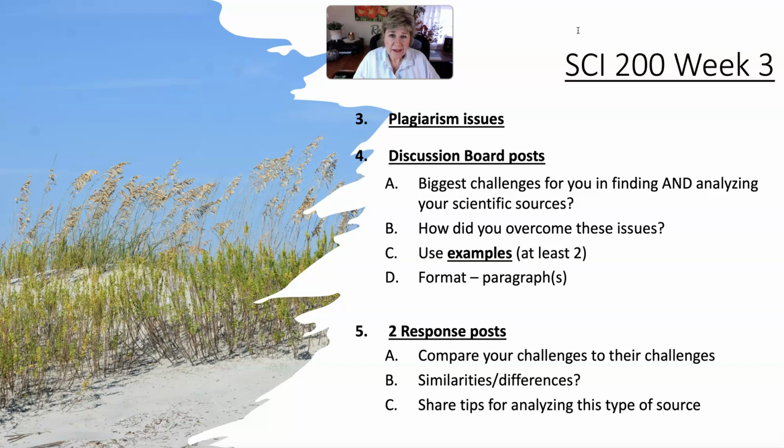There has to be substance in what it is that you're writing. Your format is in paragraph form, and most likely this will be 2 paragraphs. 1 paragraph about you finding your sources and the challenges you had, how you overcame them, and 1 for analyzing your sources.